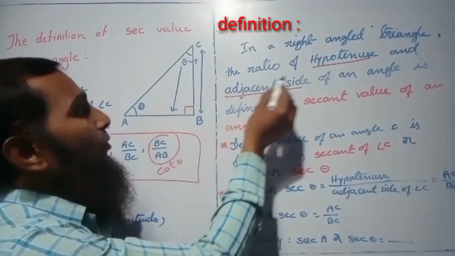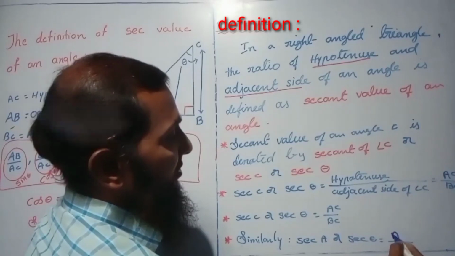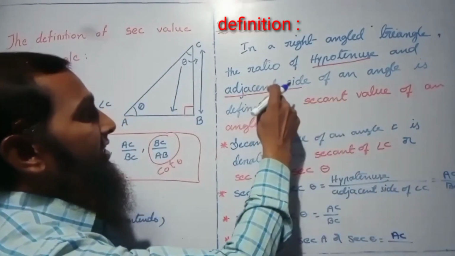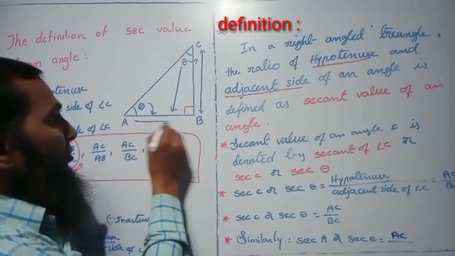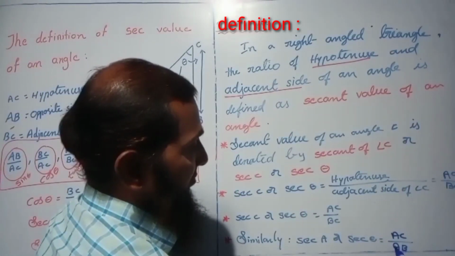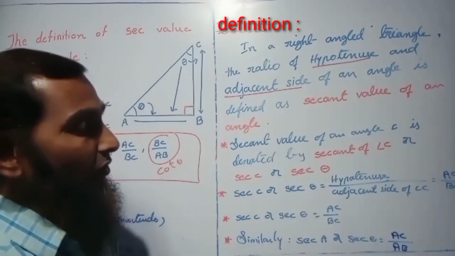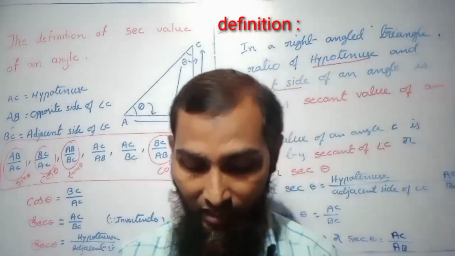The hypotenuse in this right angle triangle is AC, so write AC first. With respect to theta, the adjacent side is AB, so write AB. This is the definition of the secant value of an angle.